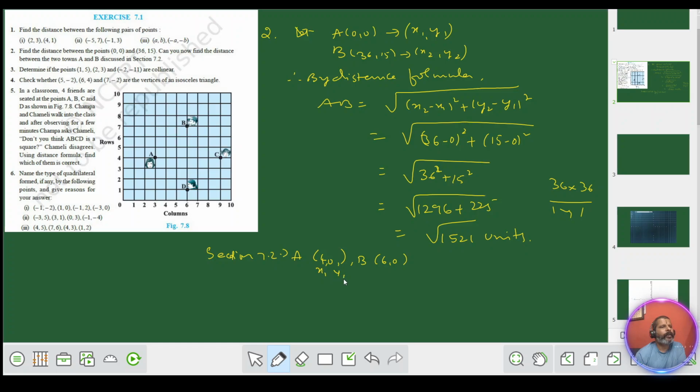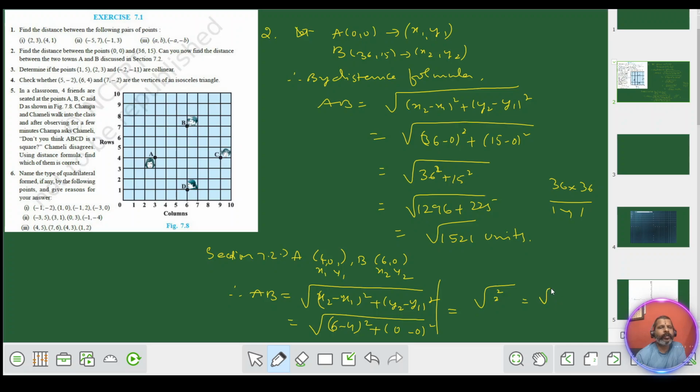That is x1 y1 x2 y2. Therefore, distance of AB is, you write the formula, I'm not writing it: x2 minus x1 whole square plus y2 minus y1 whole square. X2 is 6 minus 4 whole square plus y2 is 0, y1 is 0 whole square. That becomes 6 minus 4 is 2 square, 0 minus 0 is 0 only. So square root of 4, that is 2 units.